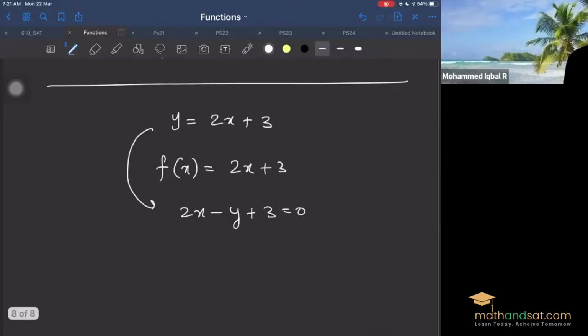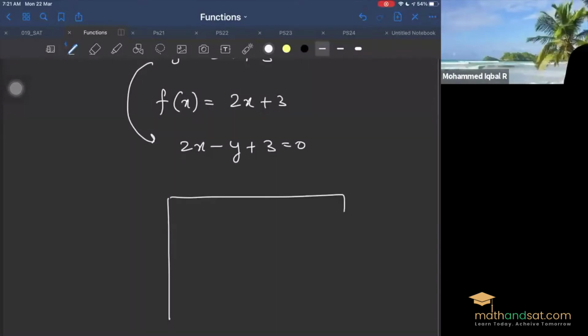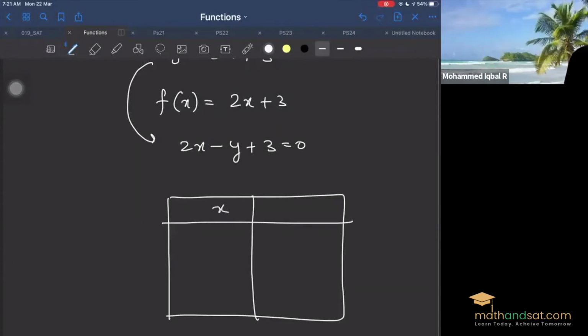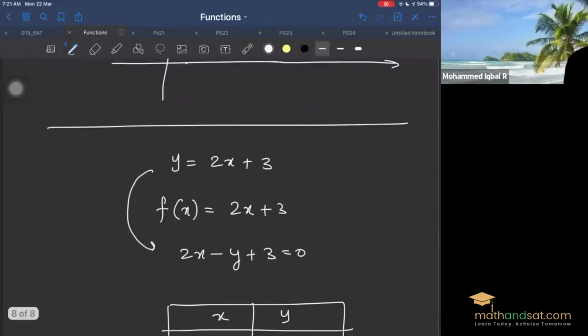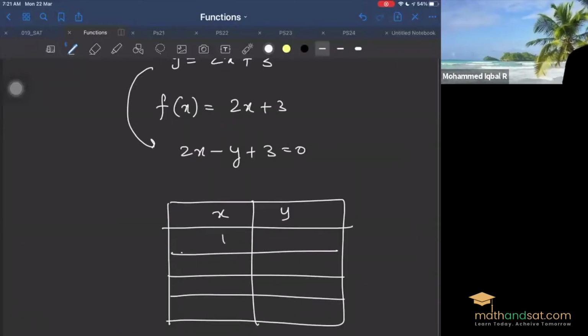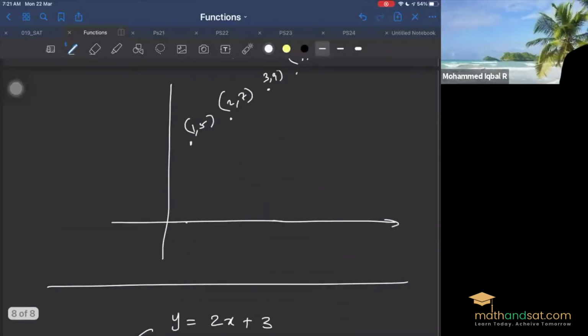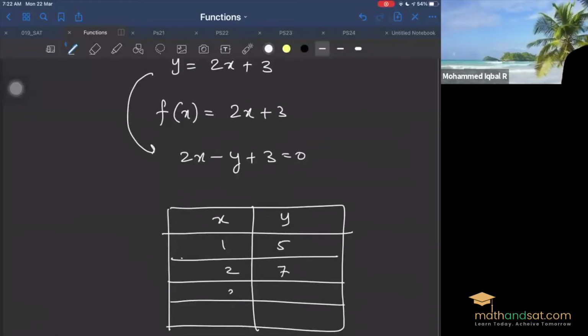Or you can have an input-output table where you have x and y values represented as a table: 1, 5; 2, 7; 3, 9; and 4, 11.